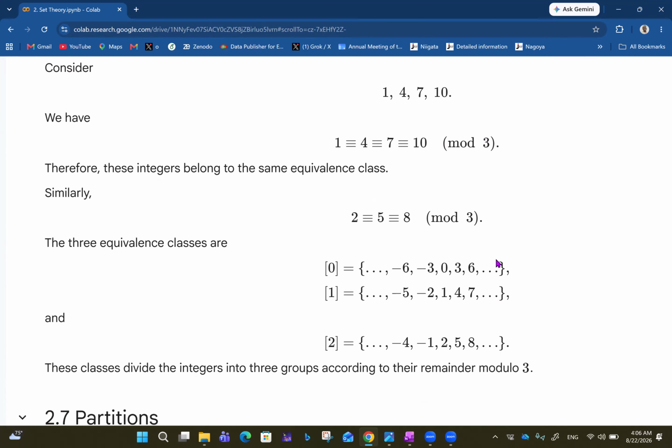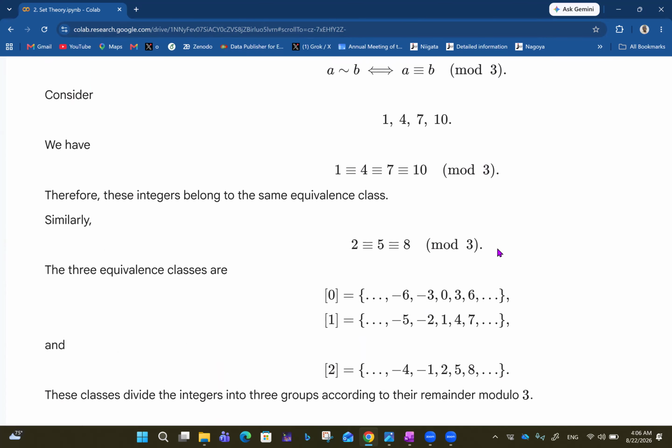Similarly, if we have 2, 5, 8, modulo 3 now. The three equivalence classes are 0, 1, 2. Divide 2 by 3, you have 0, remainder 2. Divide 5 by 3, you have 1, remainder 2. Divide 8 by 3, you have 2, remainder 2 also.